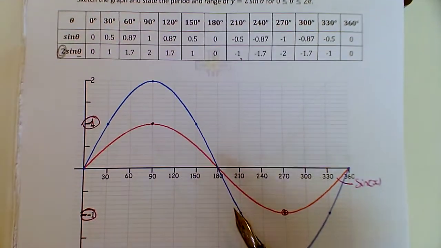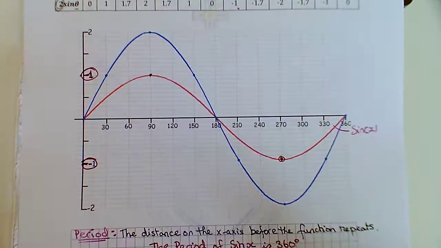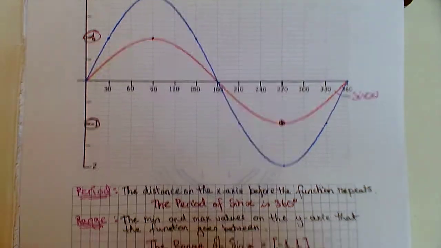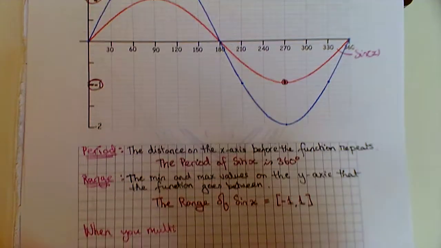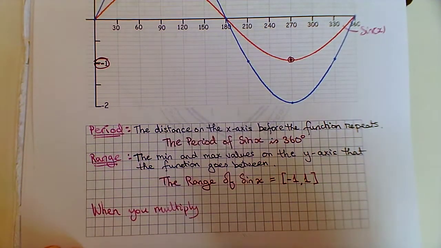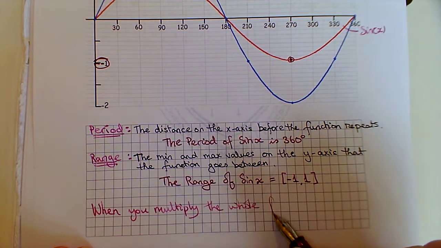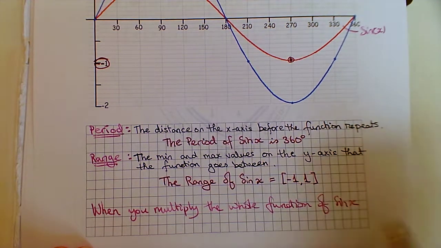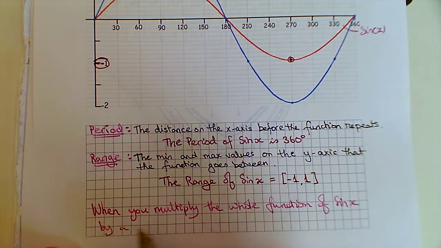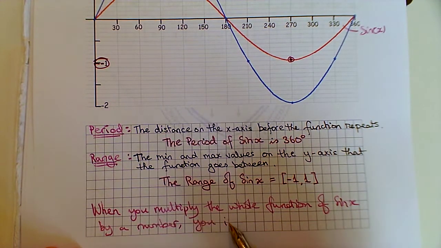Nothing changes in terms of how quickly it repeats, but when you multiply the whole function of sine of x by a number, you increase its range.